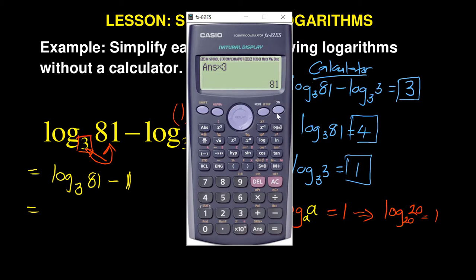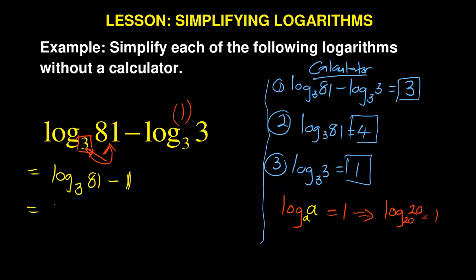So which means I'm saying 3 to the power of 4, you see that it is 81. So this is same as saying log base 3 of 3 to the power of 4 minus 1.